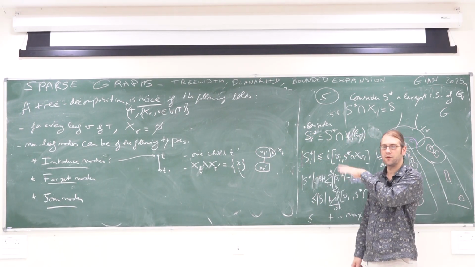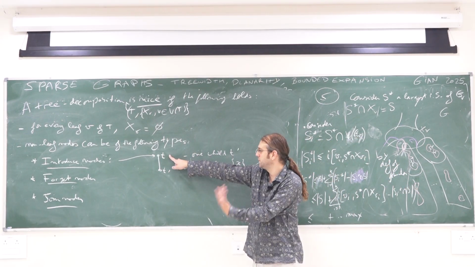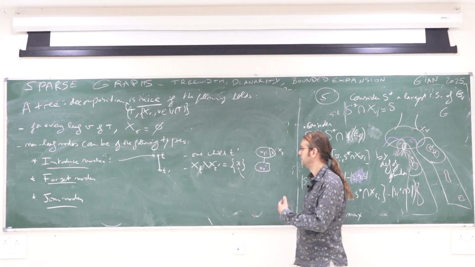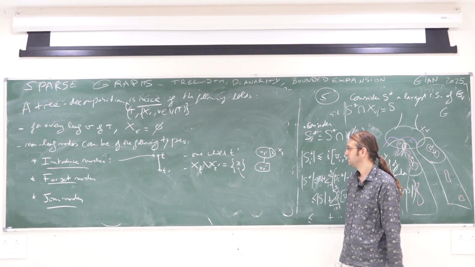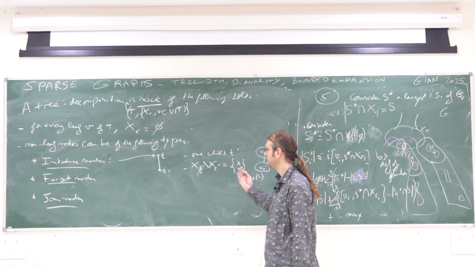So the difference is only one between the two. The child has one less, and the parent introduces a new vertex of the graph, let's say x. So it's called an introduce node.